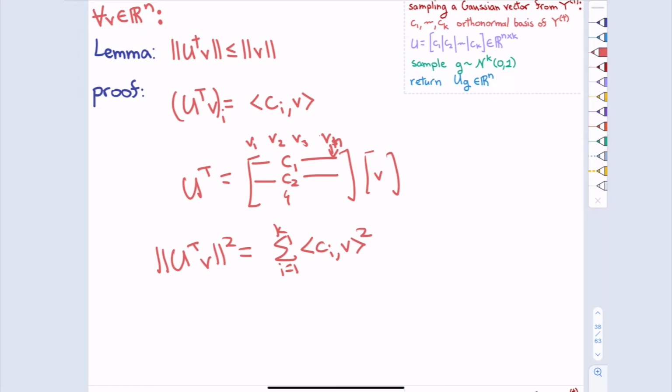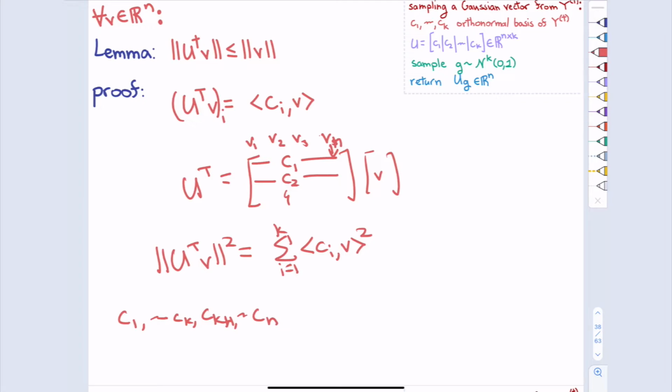Now, starting from c1 to ck, I can extend that to an orthonormal basis of the entire vector space. So I have the first k vectors, which are orthonormal, and I can turn that into a basis of all of R^n.